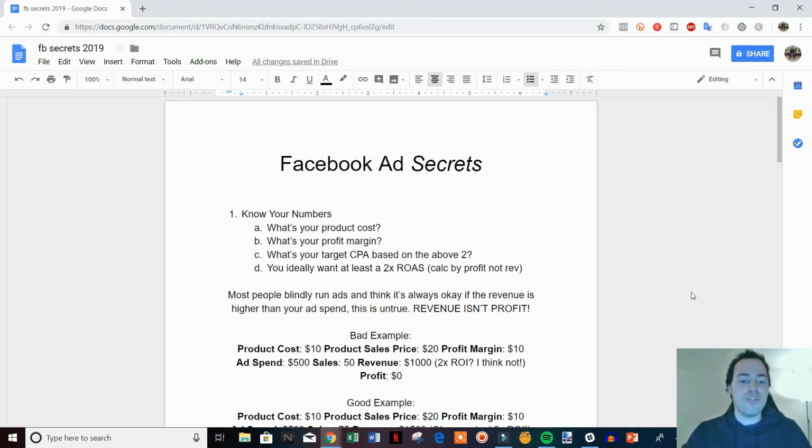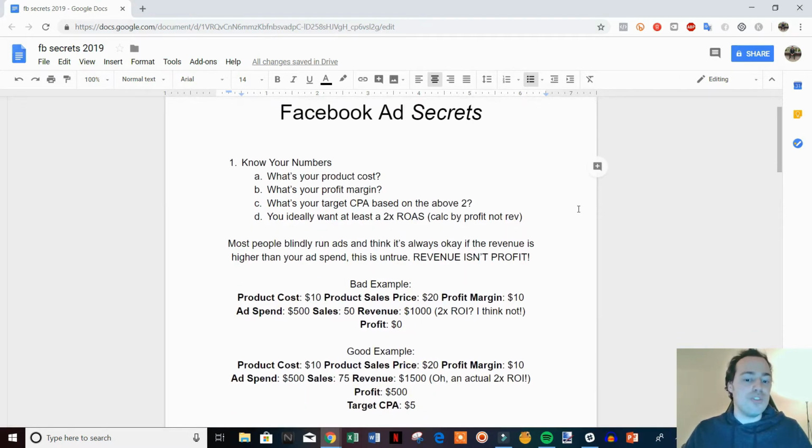What on the surface seems like we just 2x'd our money was really we just made $0. And a quick disclaimer, breaking even on an ad is actually a pretty good thing, and it usually means with a couple of tweaks, whether it's conversion tweaks on your store or optimization tweaks on the ad, you can turn a break-even ad into a profitable ad moving forward. But I wanted to use these simple, easy numbers so everyone could follow the math really easily and it wouldn't be confusing.